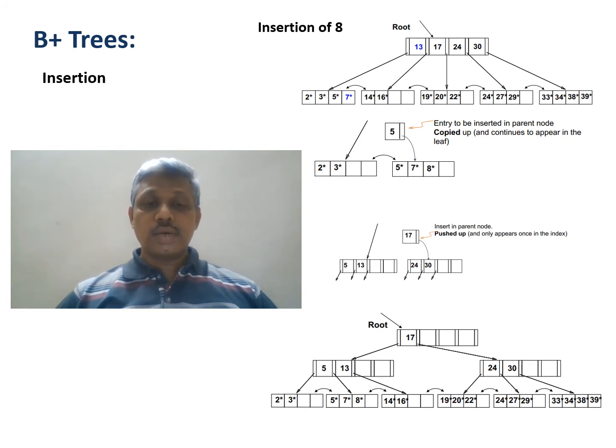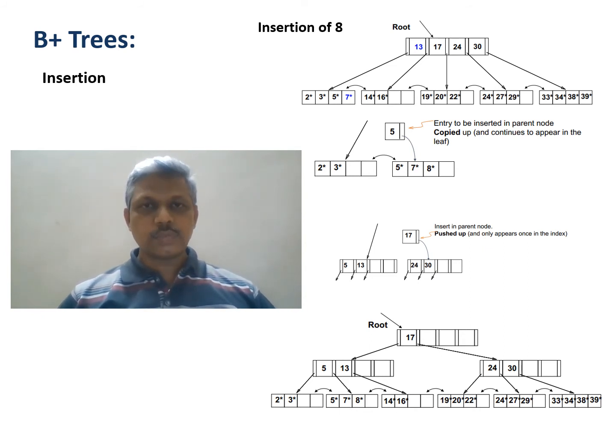So then what is to be done? I have to split the leftmost node, and the middle one has to be popped up. The middle one can be 3 or 5 of course. In this case, let us pop up 5. So pop up 5 into the range above, so that the node is split into 2 parts. 2, 3 is one part. Whenever you pop up, you repeat that, so 5 is repeated in another node. 5, 7 is another node that is created.